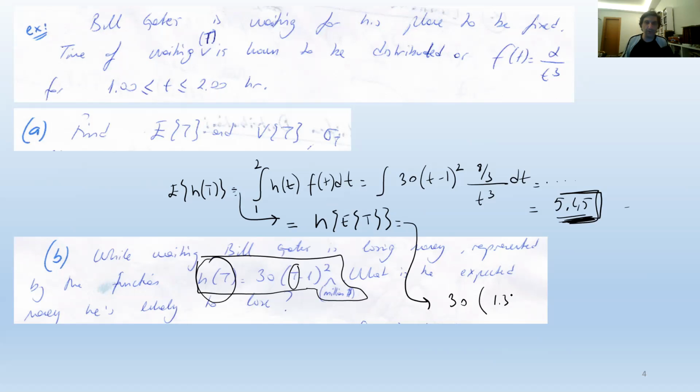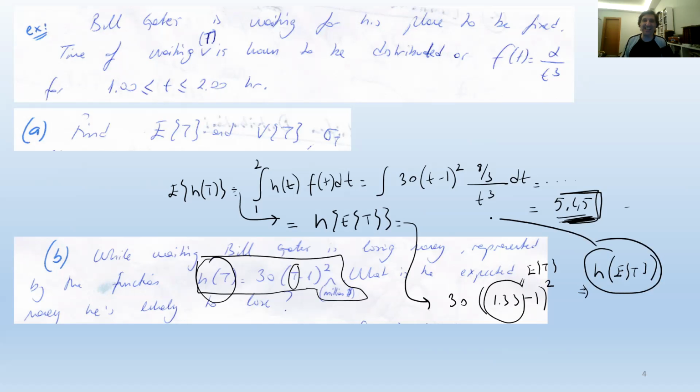It is (1.33 minus 1) squared. And actually what they do without realizing is they use the expected value of t here. So basically they put inside h the expected value of t. Note that these are not equal to each other.